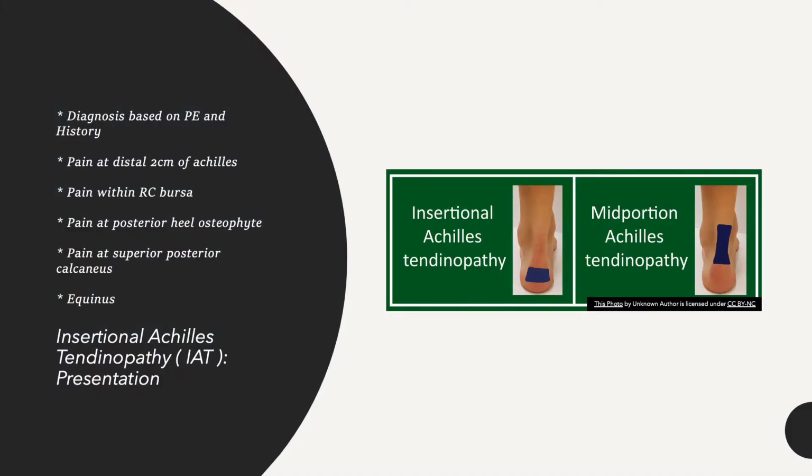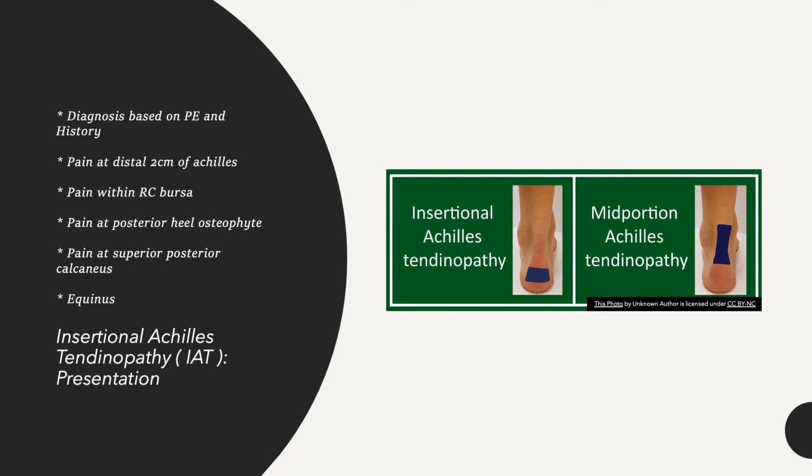So patients who have insertional Achilles tendinopathy or tendinosis typically acquire that diagnosis based primarily on physical exam and a history. These patients have pain at the distal 2 centimeters of the Achilles, as is pictured to the right. They often have pain within the retrocalcaneal bursa.